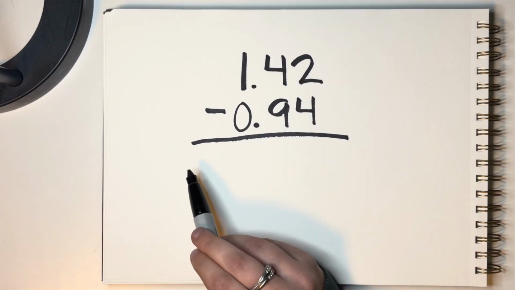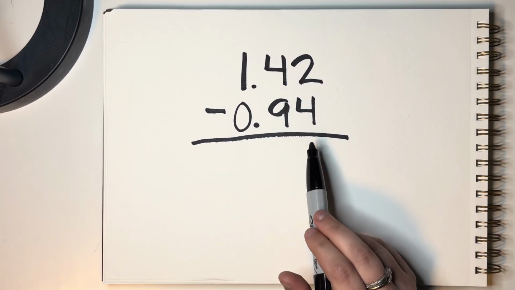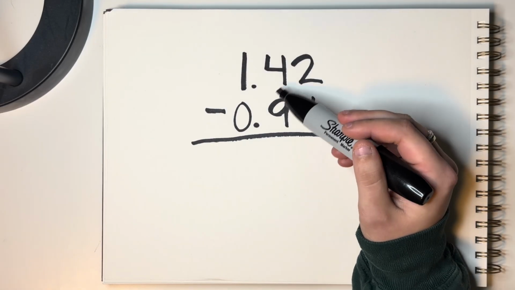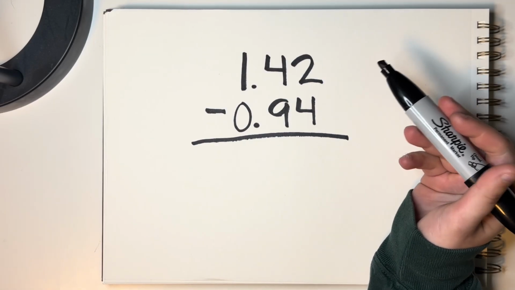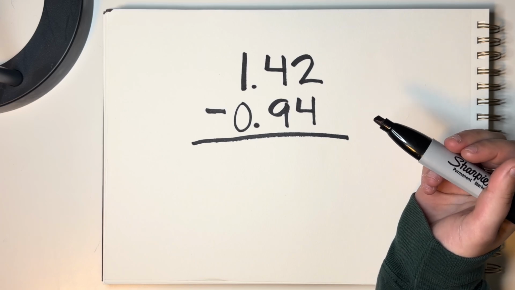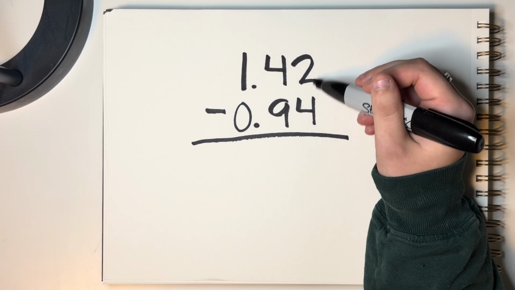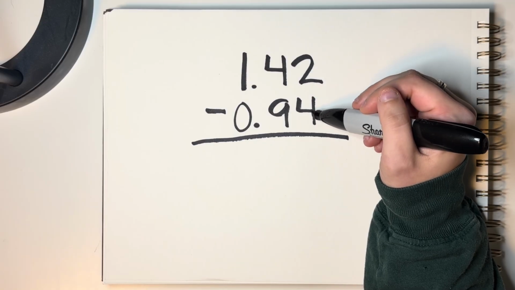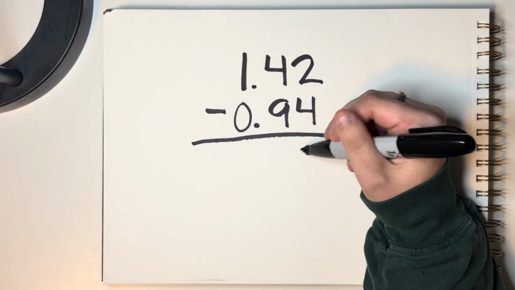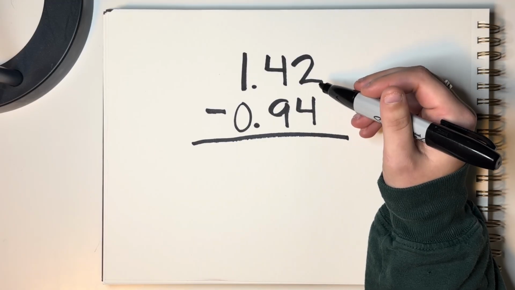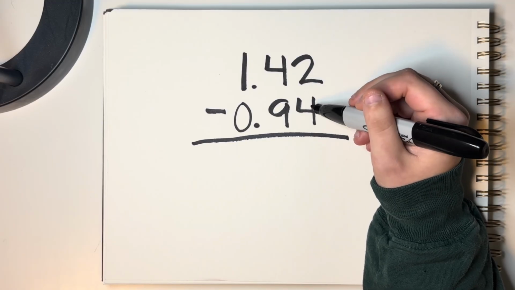So you always start with the lowest place value. That way, if you need to borrow something, you can borrow from one of your higher place values. Now, the number one thing that I see students make a mistake on with subtracting is right here. 2 minus 4. Many students will write 2 because 4 minus 2 is 2. However, this problem is saying 2 minus 4.